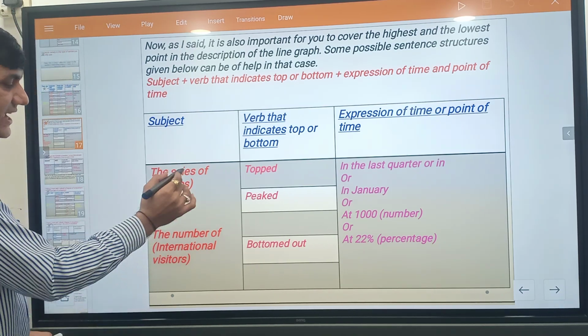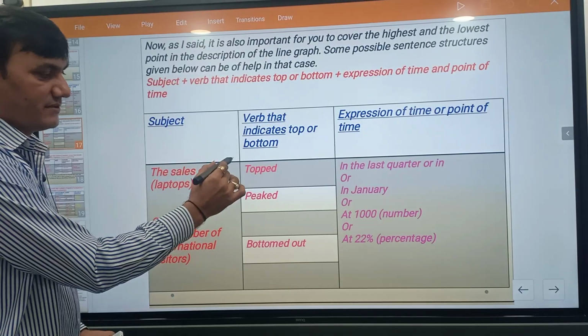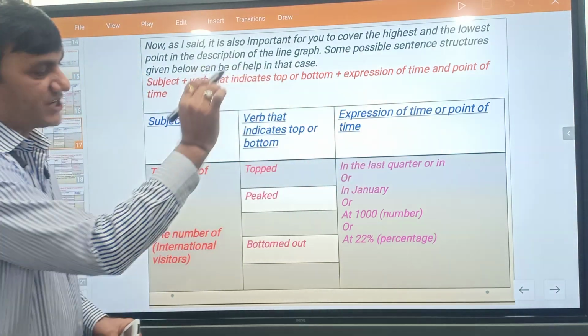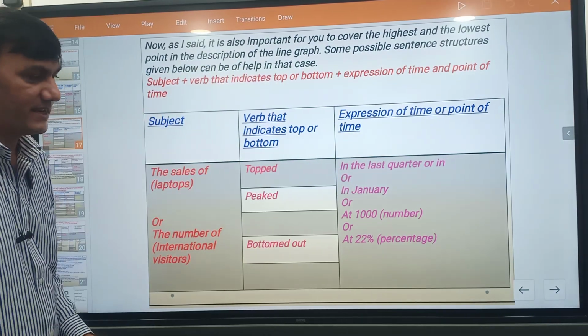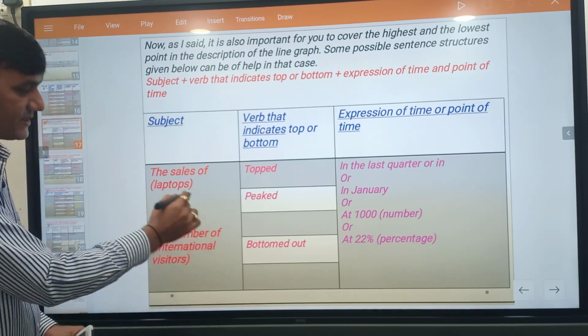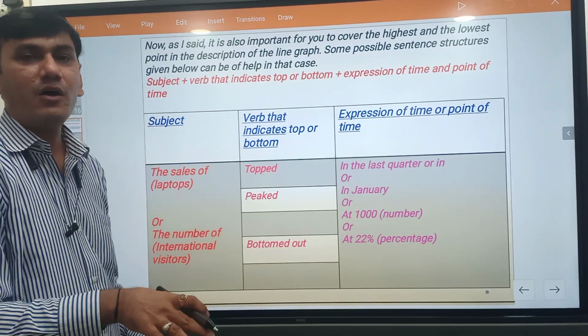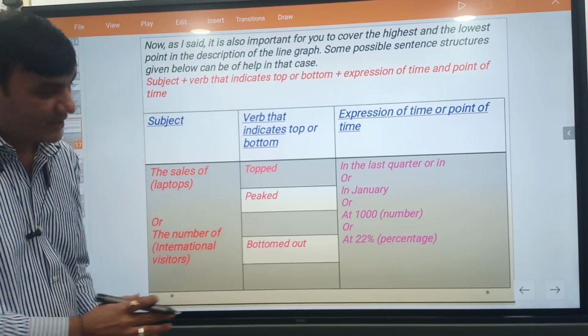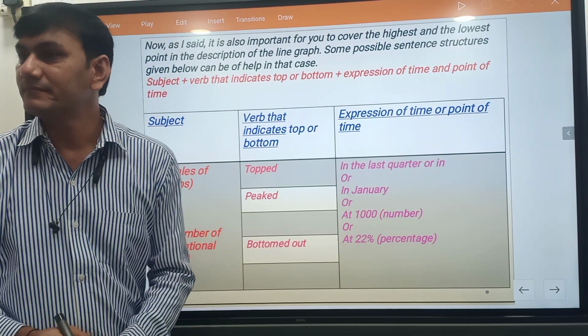For example, sales of laptops topped or peaked in the last quarter, or in January, or at 10,000. Or the number of international visitors bottomed out when it is the highest or lowest. Then you can use these words directly.